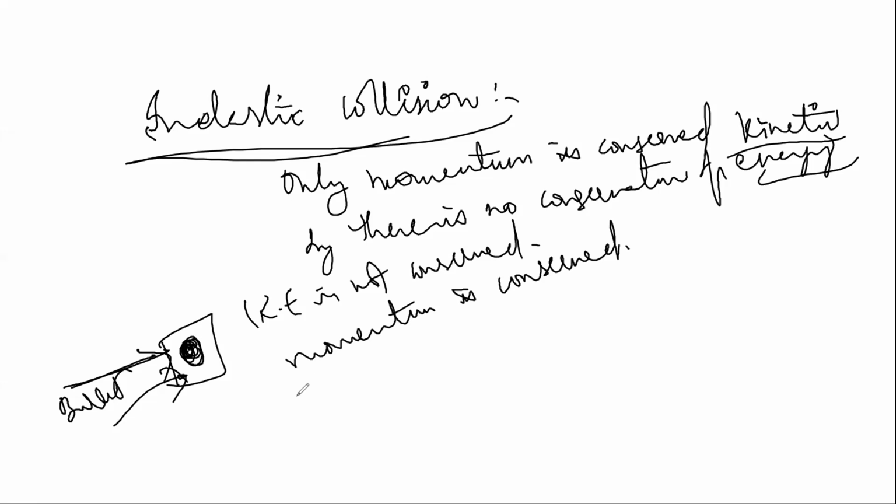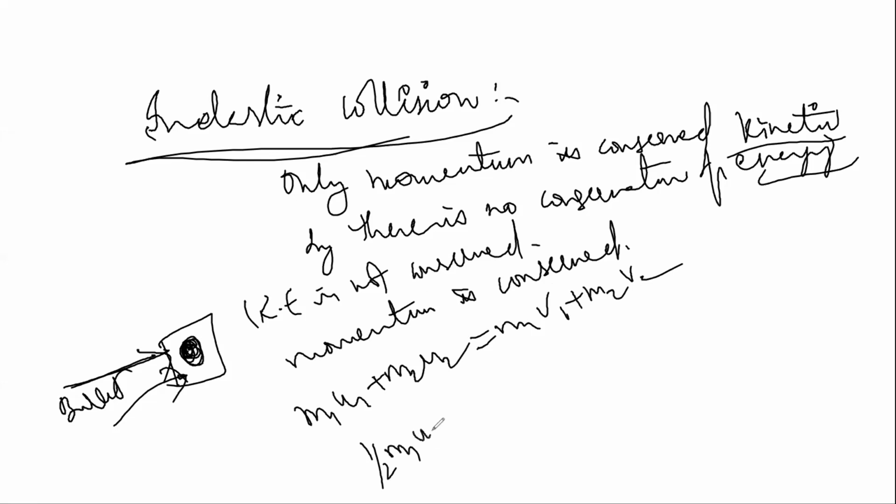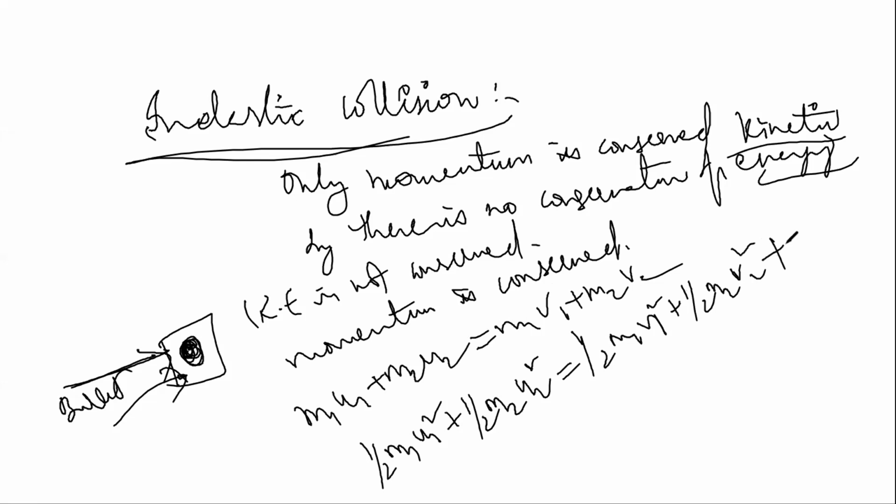Okay, so let me give you the equations. Momentum is conserved means m1u1 plus m2u2 equal to m1v1 plus m2v2. But for kinetic energy, half m1u1 square plus half m2u2 square equal to half m1v1 square plus half m2v2 square plus some energy. Either this is a negative or a positive value based on the system.